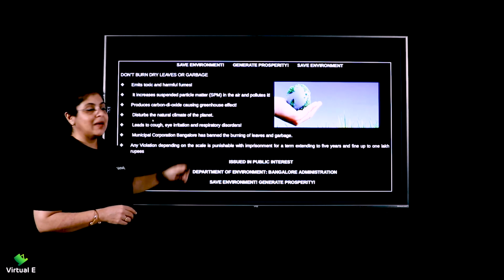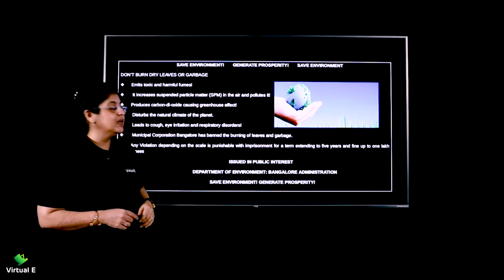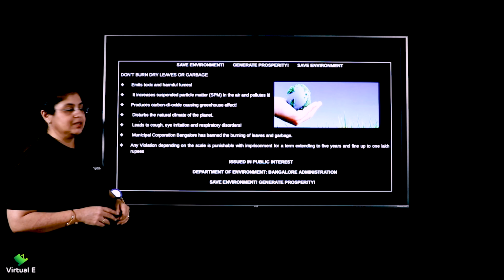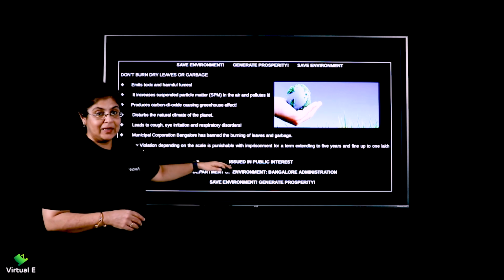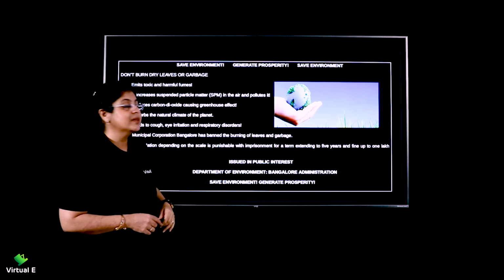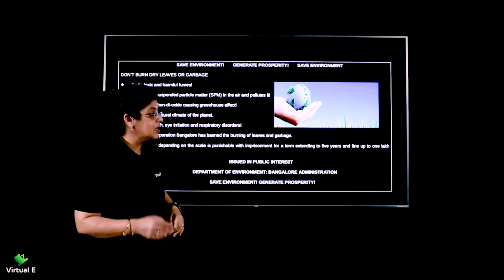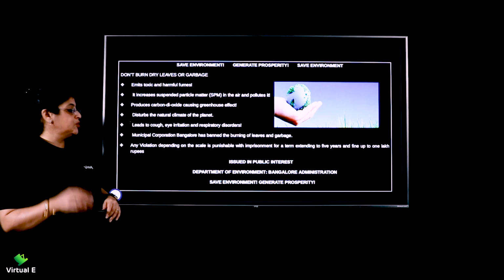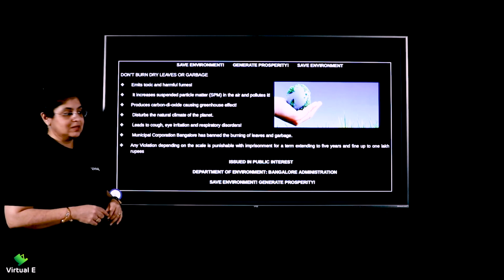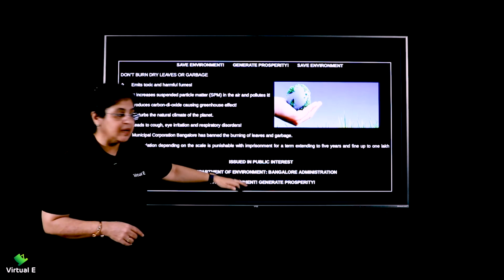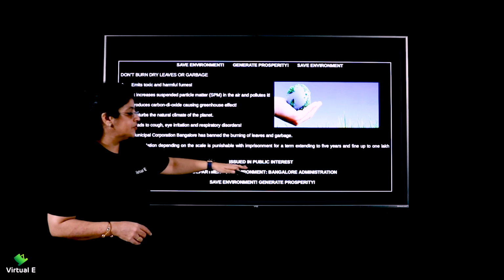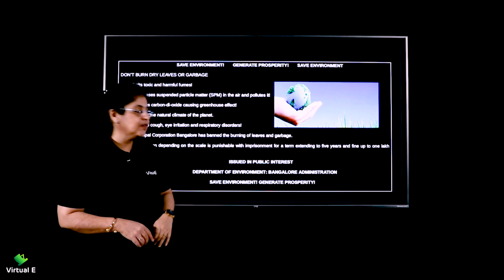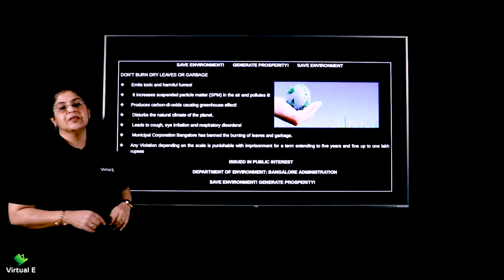Municipal Corporation Bangalore has banned the burning of leaves and garbage. Any violation, depending on the scale, is punishable with imprisonment for a term extending to 5 years and fine up to 1 lakh rupees. Issued in public interest, Department of Environment, Bangalore Administration. Save environment, generate prosperity.